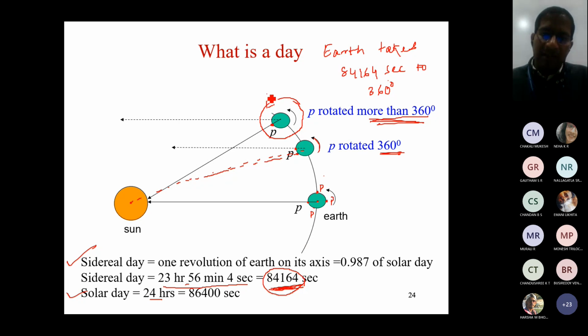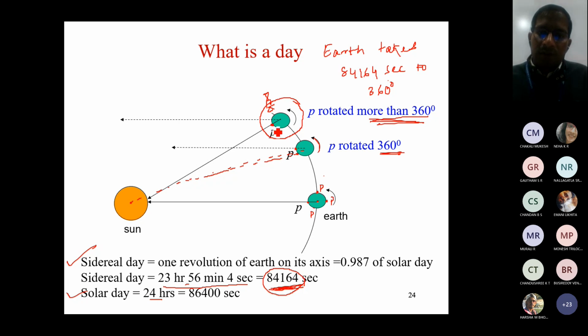Now think about the satellite. This is a satellite which is rotating around Earth. But the satellite is not rotating around itself. The satellite only rotates around Earth. Correct?